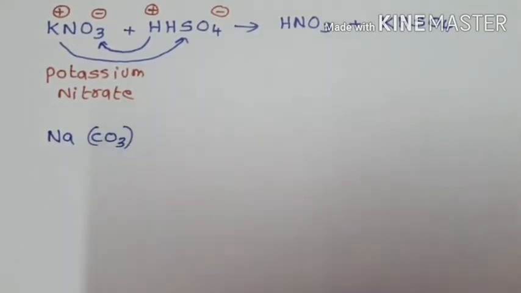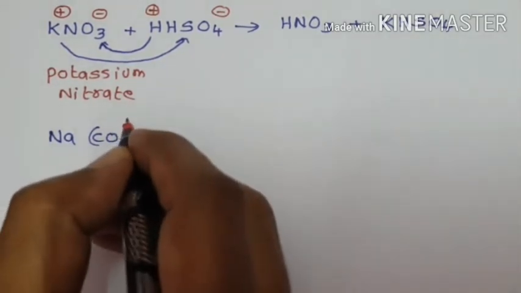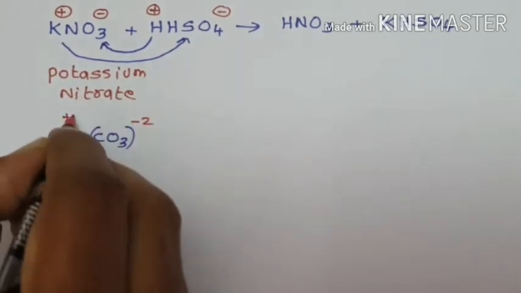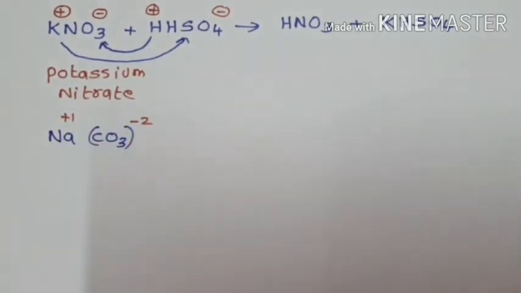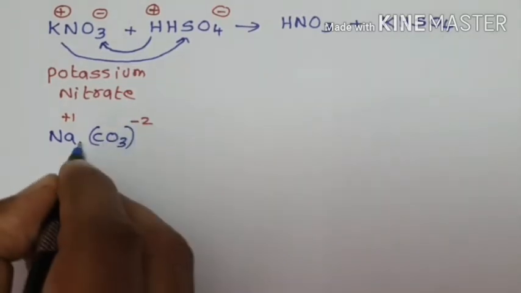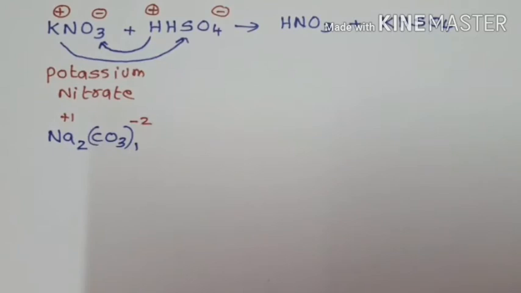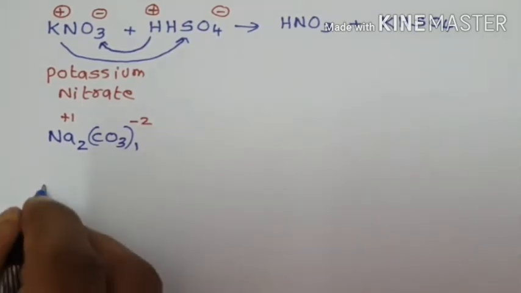Carbonate is a 2 minus ion: carbon plus 4, 3 oxygens 6 minus, so a 2 minus ion. Sodium is a monopositive ion. When we write it in class, the molecular formula is Na2CO3, sodium carbonate. When treated with sulfuric acid, we know carbonate always liberates carbon dioxide.